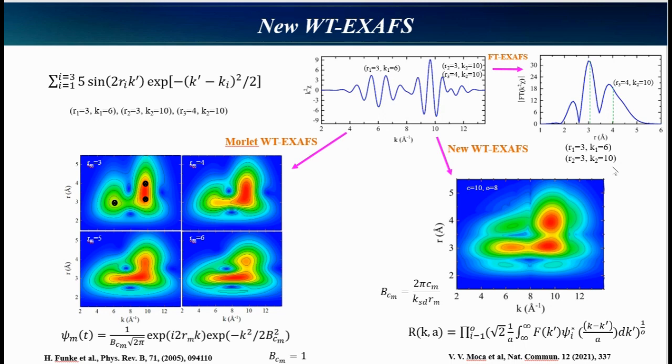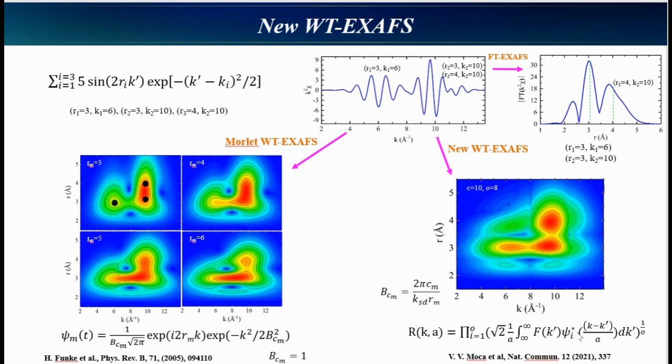In new wavelet transforms, PCM is defined as 2 pi cm over KSD and Rm. The new wavelet transform EXAFS uses the multiplication of Morlet wavelets, which is indicated as a superlet. The wavelet transform is accomplished by the geometric mean.